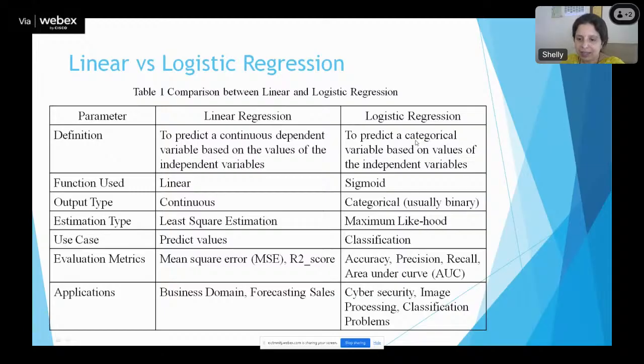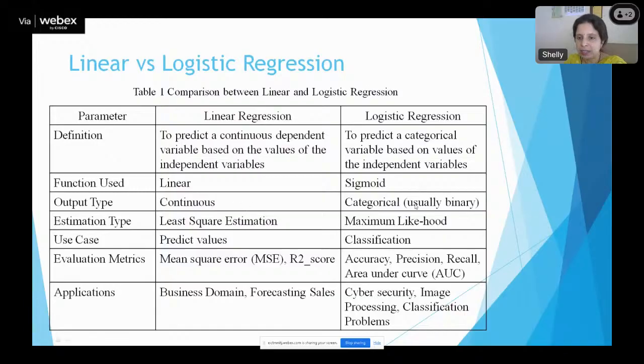Categorical here is usually a binary variable, like true, false, 0, 1, based on the values of the independent variables. The function used for linear regression is a linear one, and the function used for logistic regression is a sigmoid one. The output is of a continuous type for linear regression.